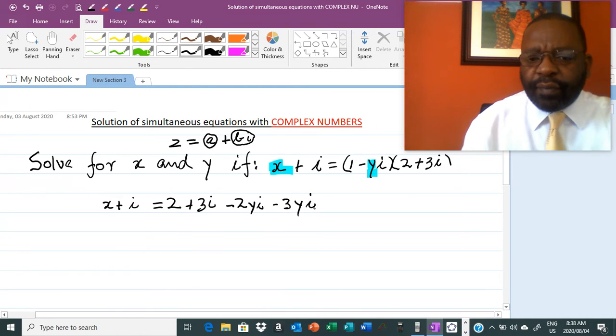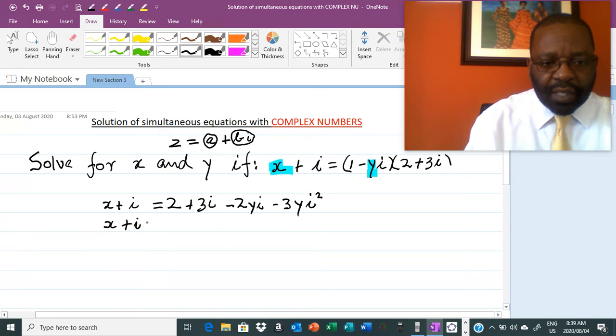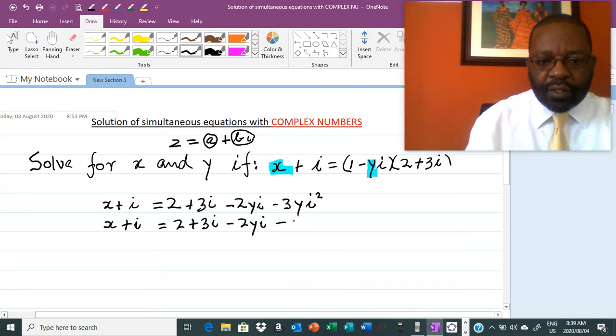Always remember that any i squared in a complex number is always equal to negative 1. So we need to change the i squared. So we go x plus i is equal to 2 plus 3i minus 2yi, and we change i squared to negative 1 and simplify further.